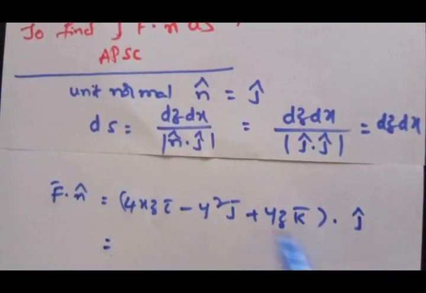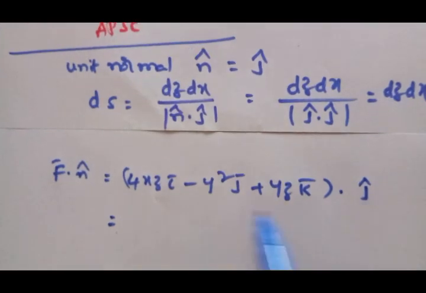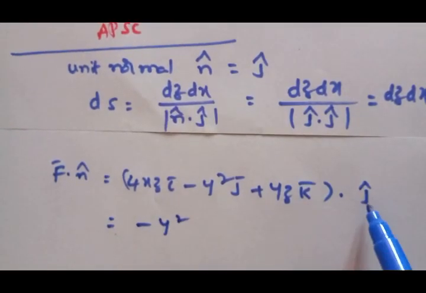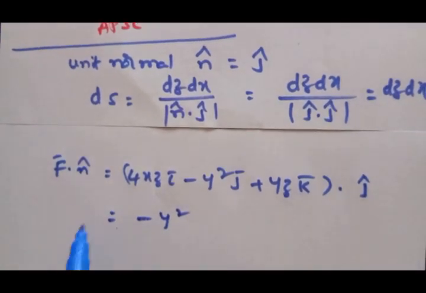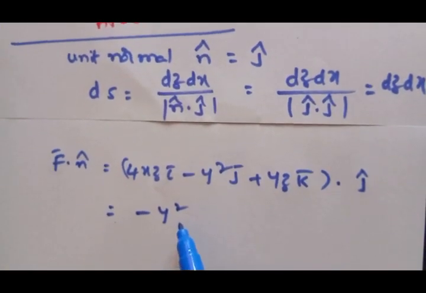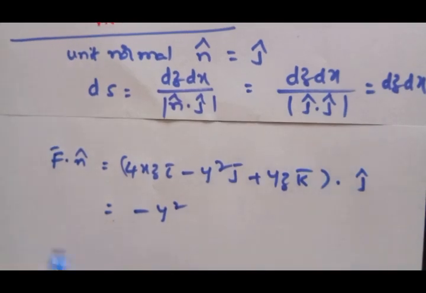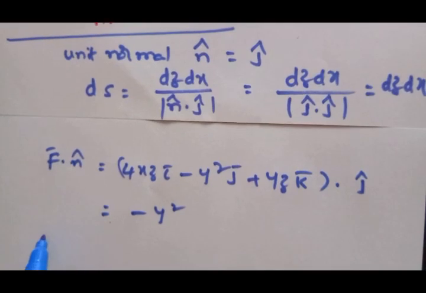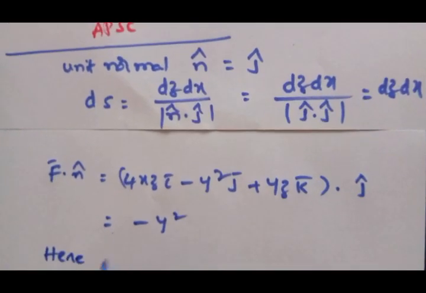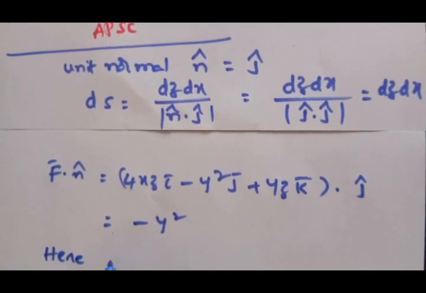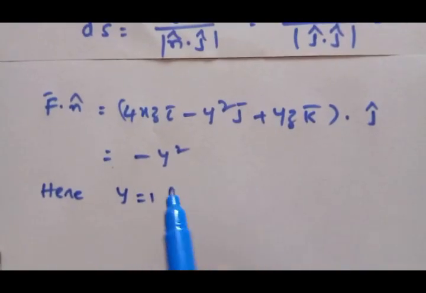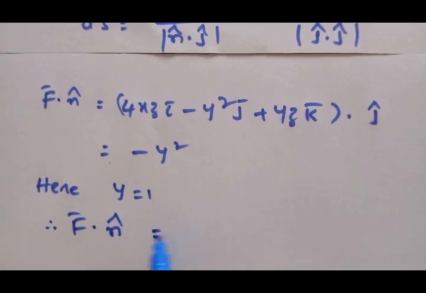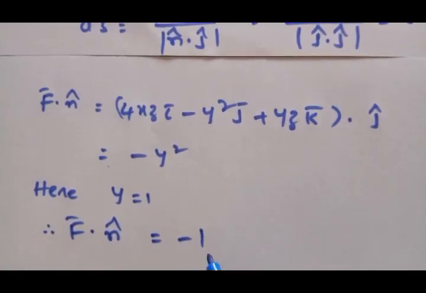That is i bar dot j bar is 0, j bar dot j bar is 1, minus y square, k bar dot j bar equal to 0. So therefore f bar dot n cap is equal to minus y square, and also here this face lies at y is equal to 1. Therefore f bar dot n cap is equal to minus 1.